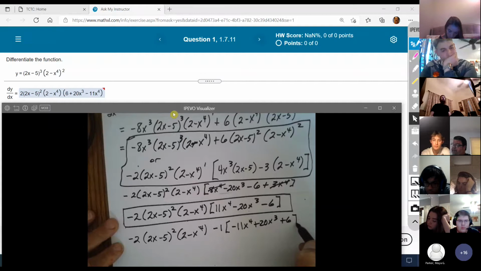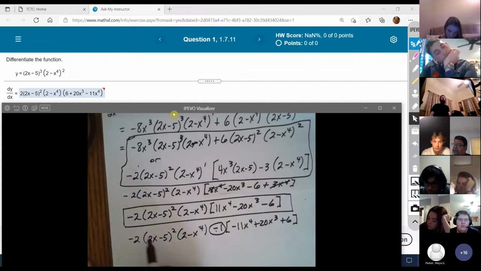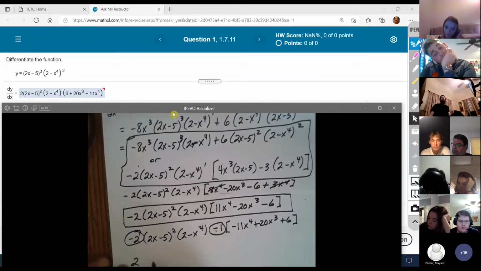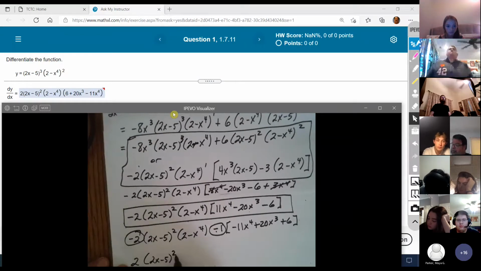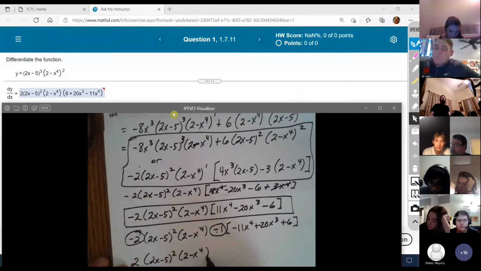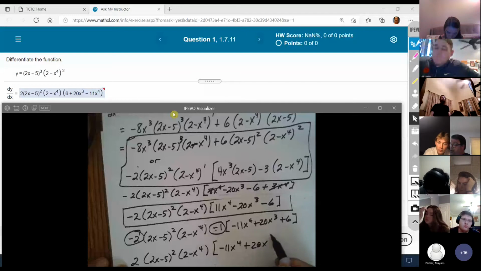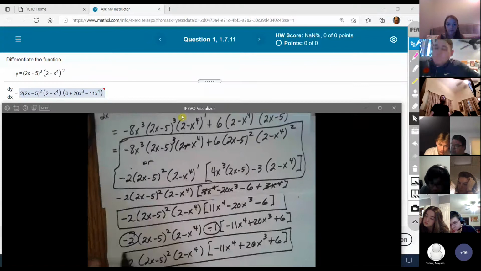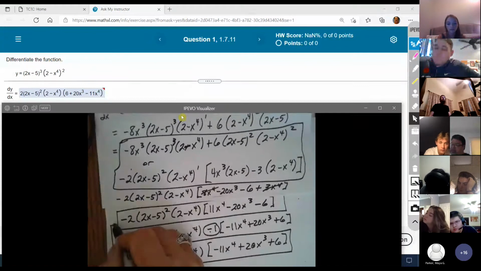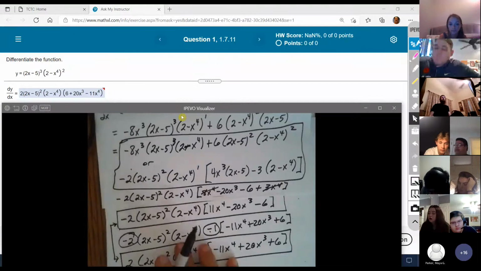And then this -1 and -2 becomes a +2. And that's multiplied by -11x to the 4th plus 20x to the 3rd plus 6. See there, Miss Brody? These are the same answers. Just one has a -2 in front. The other one has a +2 in the front.